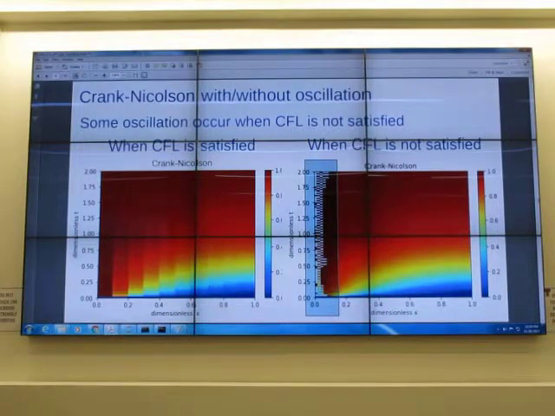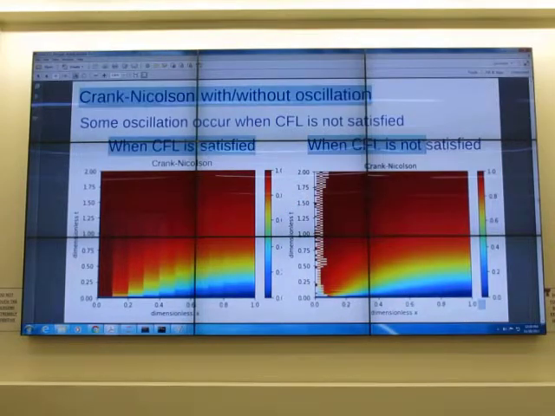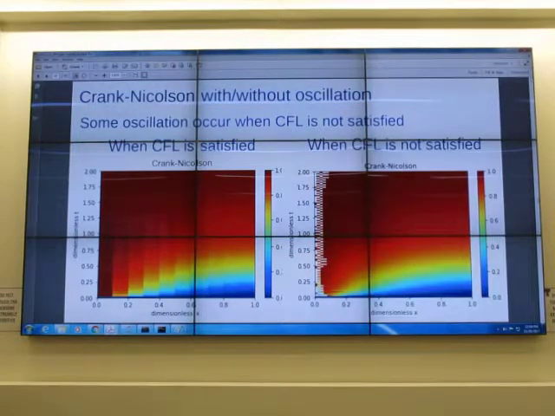Sometimes the answer goes more than 50, which is the limit. It's bad, but it's stable. If you do just the forward scheme, it just crashes. You don't get anything. So Crank-Nicolson without satisfying CFL is okay. With CFL satisfied, it doesn't have any oscillation. Okay.